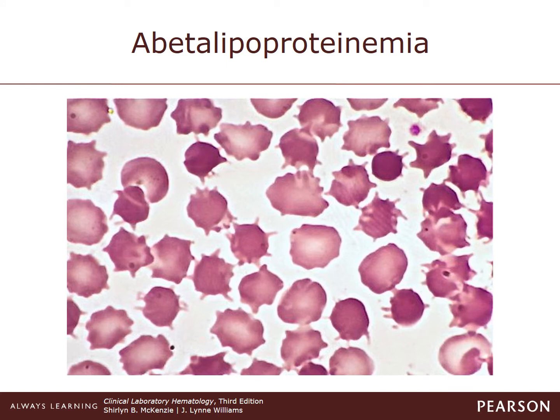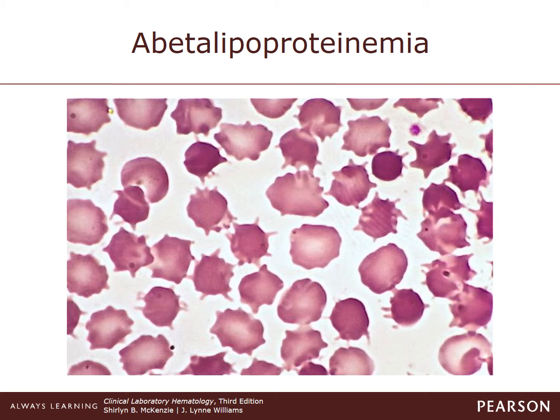Another type of problem with your proteins and cholesterol or lipids is abetalipoproteinemia. This is a hereditary type of acanthocytosis.